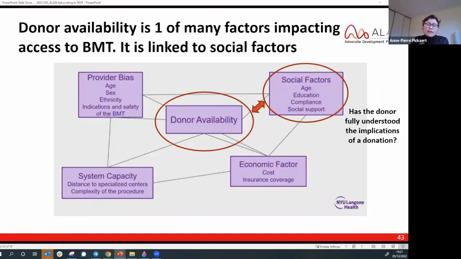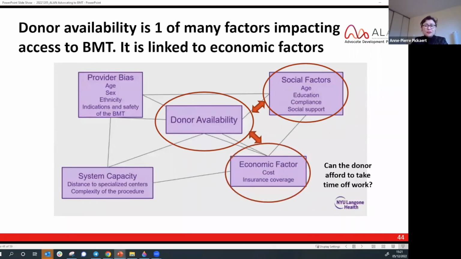Also some social and cultural factors, where in some European communities there's probably less fear of that particular intervention, or more understanding of it. So that definitely has an impact on the recruitment, but also on the availability on the day of being called.